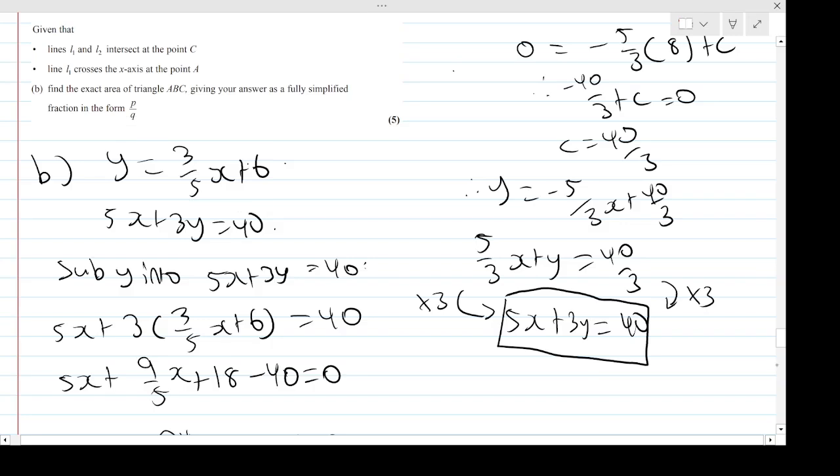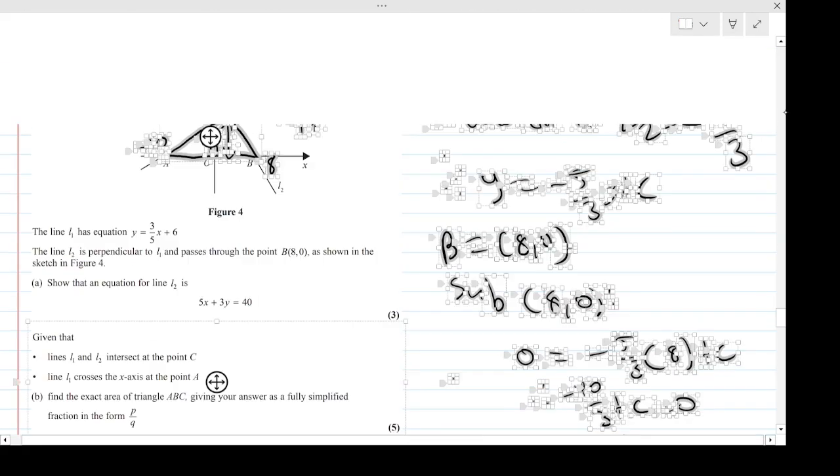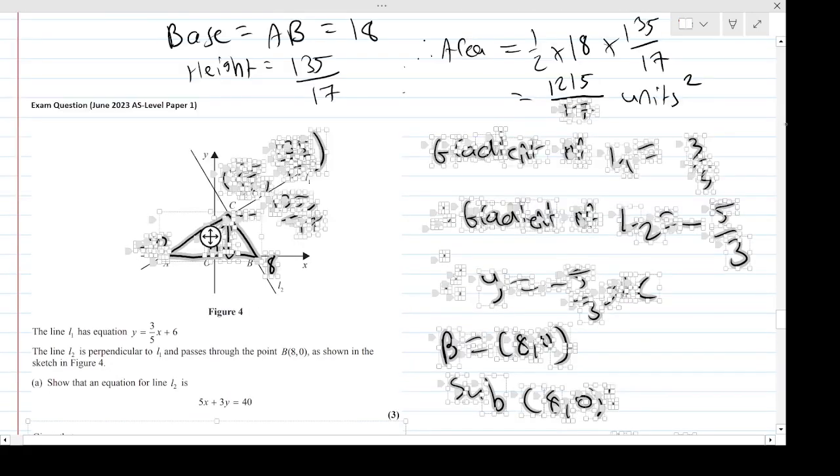And so it says we need to give the exact area. That means no decimals, no rounding. If you cannot get a whole number to write down, just leave it as a fraction or a third or whatever. It says give it as a fully simplified fraction of the form P over Q. I put it in my calculator, and the calculator will give you the simplest answer.